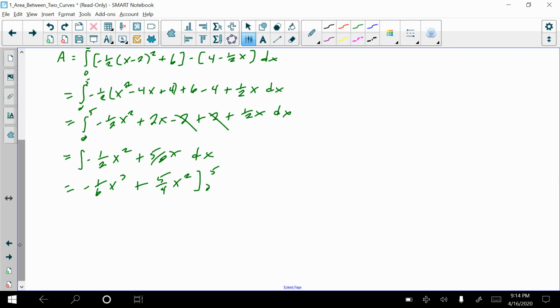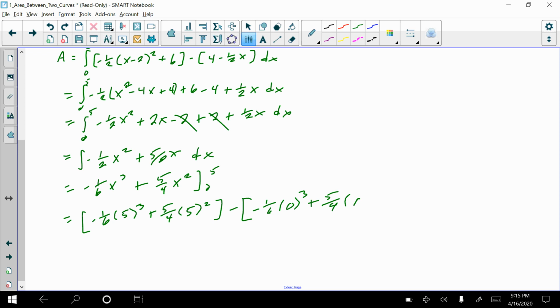Now that we have that, it's time to start doing our substitution with the fundamental theorem of calculus. Substitute the 5 first, and I'm going to get negative 1/6 times 5 cubed plus 5/4 times 5 squared. Then we substitute the 0, and I get negative 1/6 times 0 cubed plus 5/4 times 0 squared, and all of this simplifies to 0.